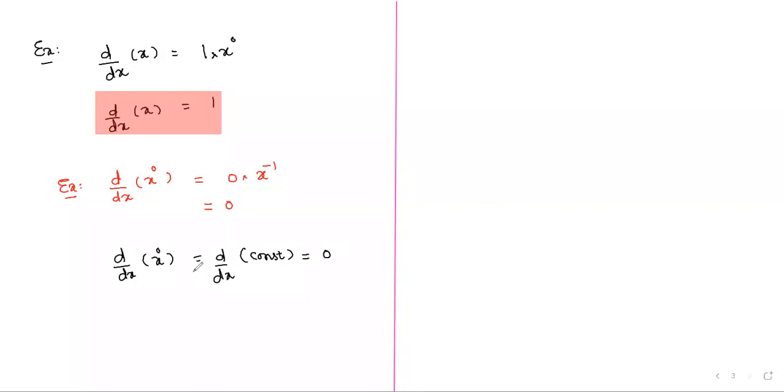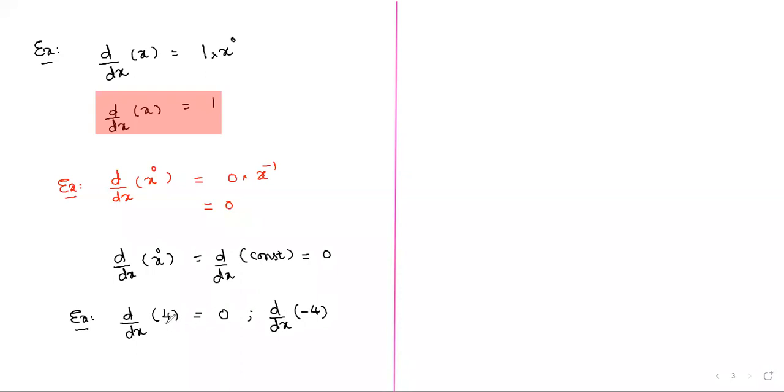Simple. d by dx of, suppose I ask 4, how much do you say? 4 is a number, and a number is a constant. The x term is not there, so directly say the answer: 0. Suppose I get d by dx of minus 4.